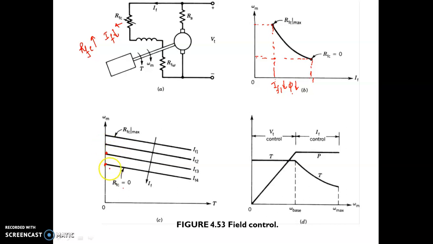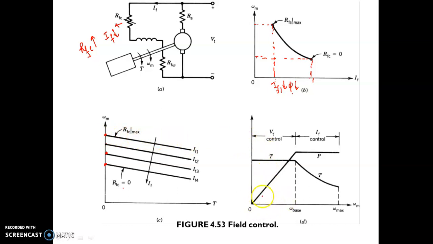Here the field resistance is maximum, so the field current will be minimum, and the speed will be maximum. This position is given here.